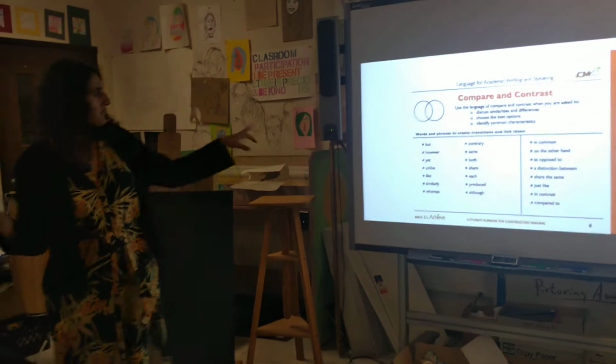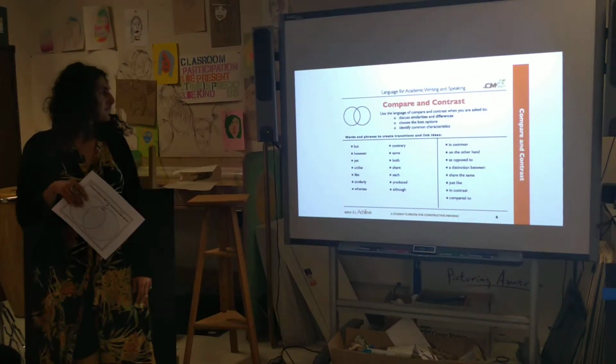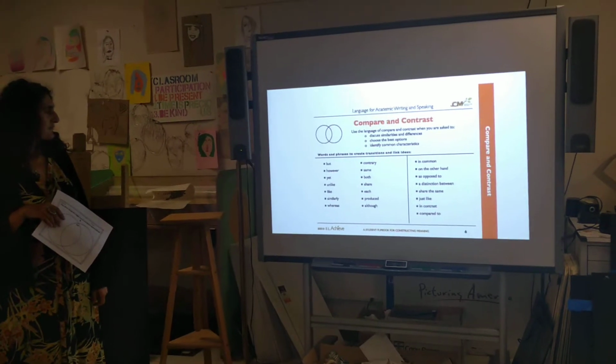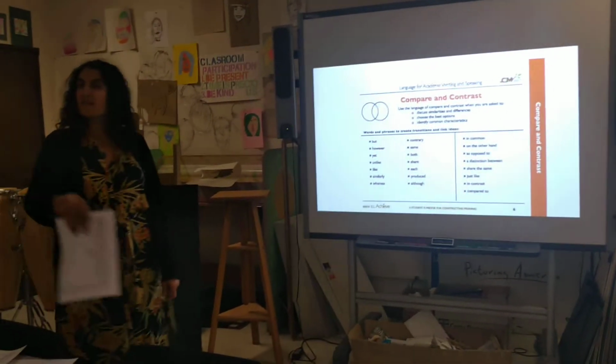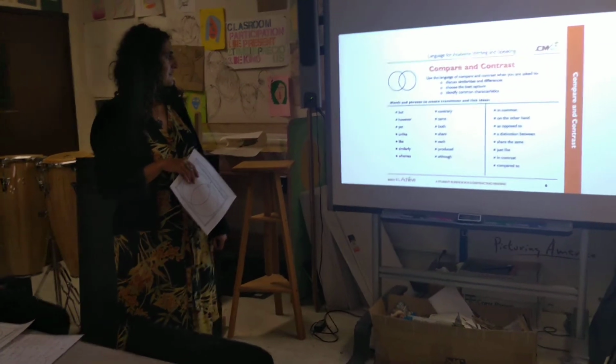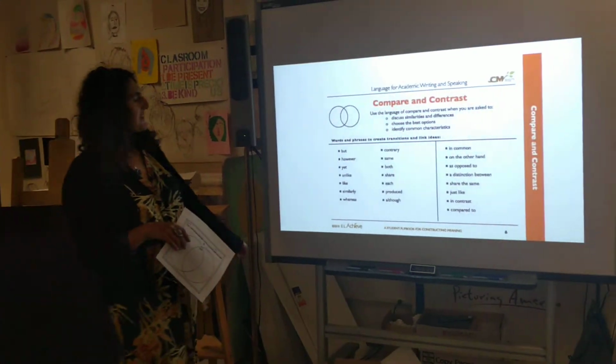Can you please read one row? Can you read this one? But, however, yet, unlike, like, similarly, whereas. Thank you. Can you read the next column? Contrary, same, both, share, each, produce, and although. And I'll read the last one.